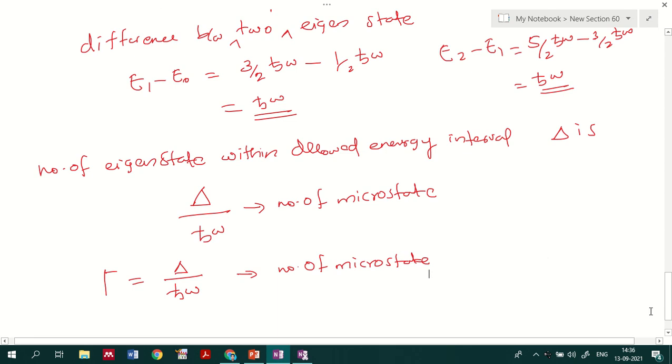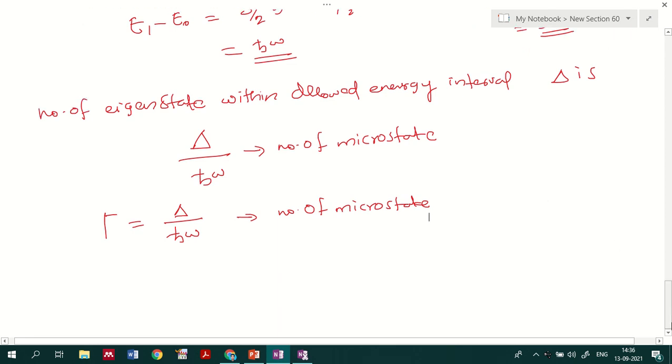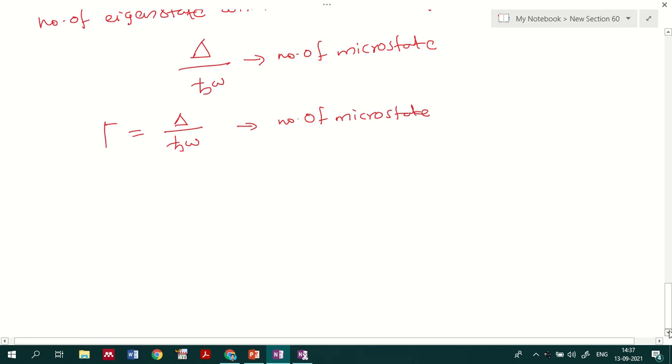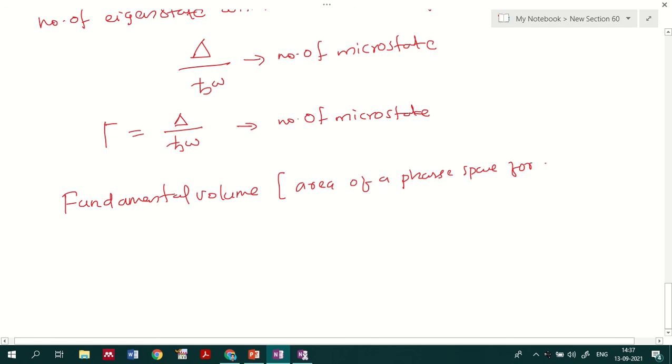Now, we got the representation of gamma, that is the number of microstates. Now we need to identify the fundamental volume. The fundamental volume associated with that, omega 0, is the fundamental volume or the area of the phase space for one eigenstate.